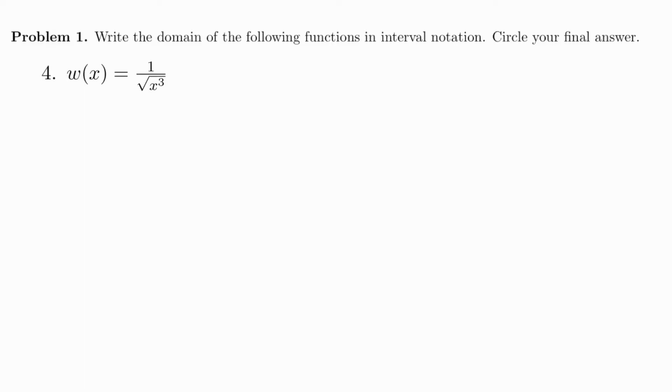Problem 1, part 4 asks us to find the domain of w of x equals 1 over the square root of x cubed. Okay, so I've got two concerns here. First of all, I need to be careful to not divide by 0. So first of all, cannot divide by 0.